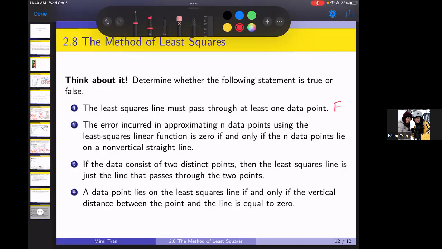Second one. The error incurred in approximating n data points using a least square linear function is 0 if and only if the n data points lie on a non-vertical straight line.